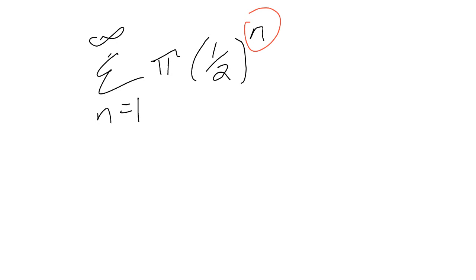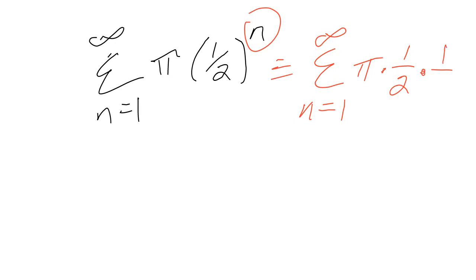Well, how could I rewrite that? I could say, well, this is equivalent to the sum n equals 1 to infinity. I'll leave the pi in there for now. That's a constant we could pull out. But anyway, if I take it times 1/2, and then what would be left? Times 1/2 to the n minus 1 power. I could do something like that, right?